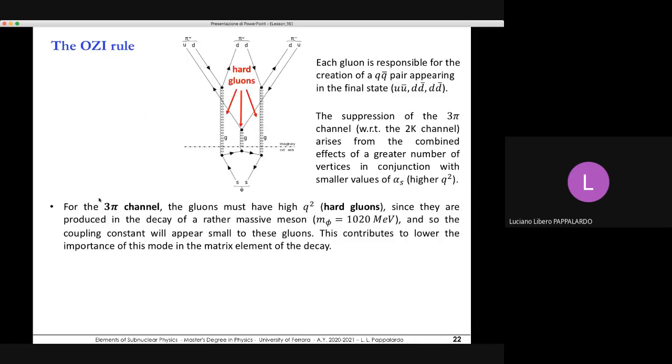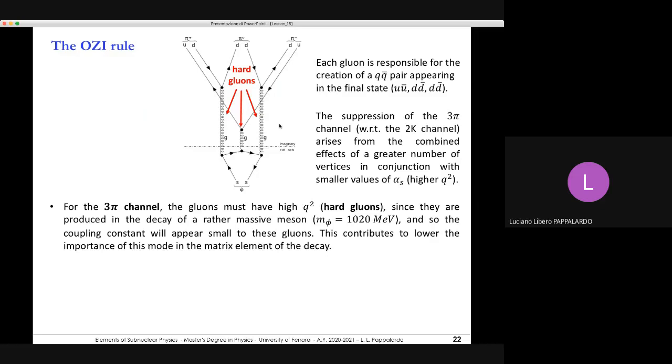Why? Because for the 3 pion channel, the gluons must have high Q squared. They are so-called hard gluons because they are produced in the decay of a rather massive meson, the phi. We have the phi with a mass of 1 GeV, and this has to be converted into 3 gluons, which, in order to preserve energy conservation, must be high energy gluons, or hard gluons.